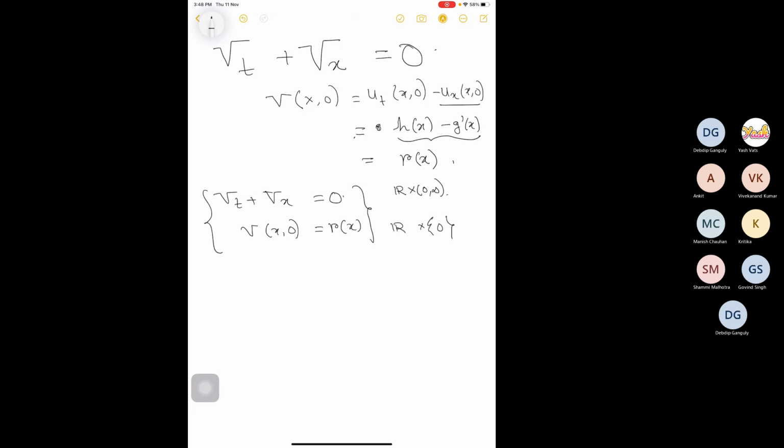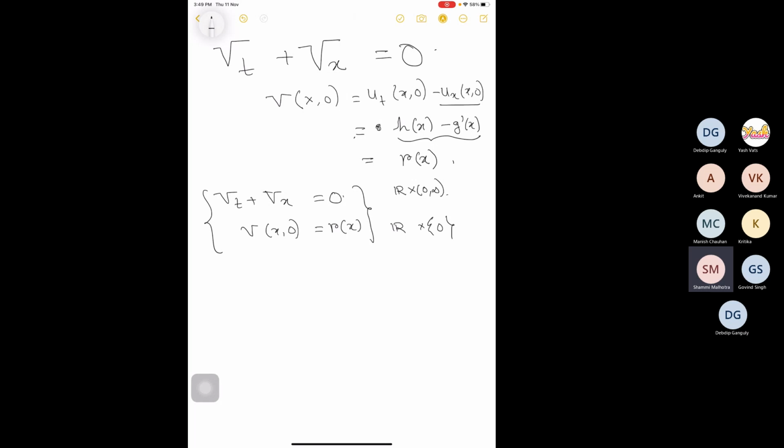Can you solve this equation? Who will tell me? Manish, tell me. What's the solution? This is the first equation we did in our course. It will be like v(x,t) equals something in x minus t.